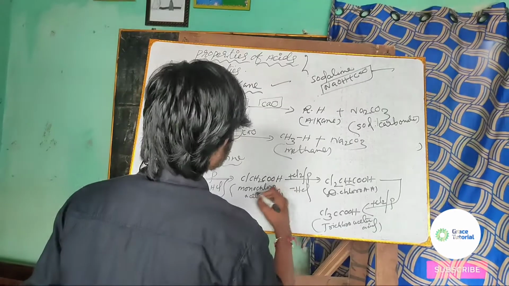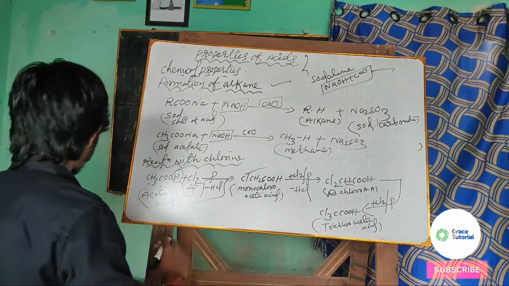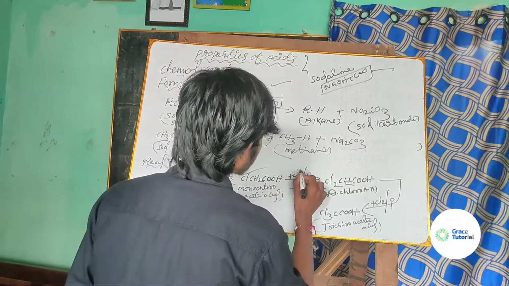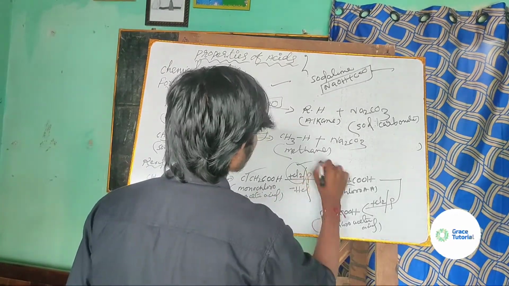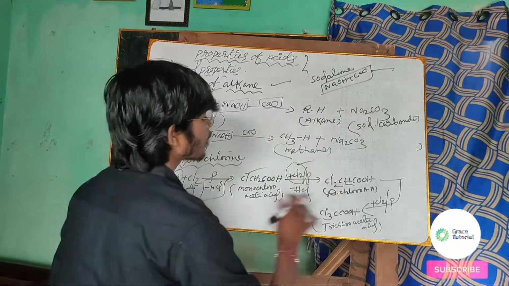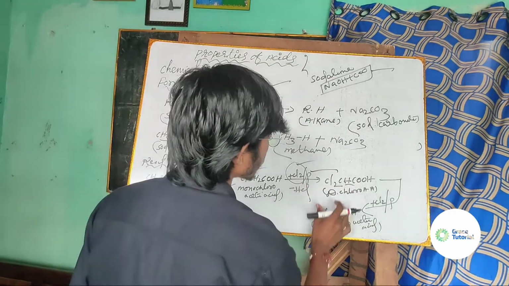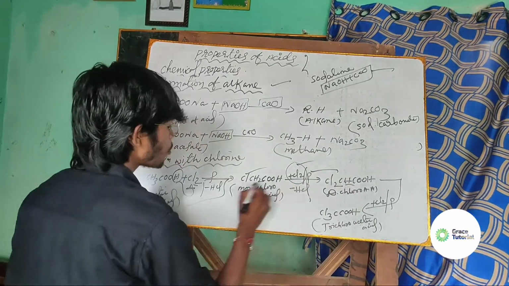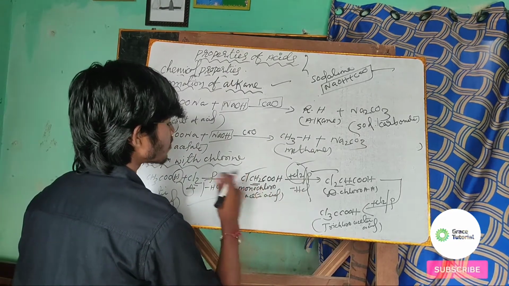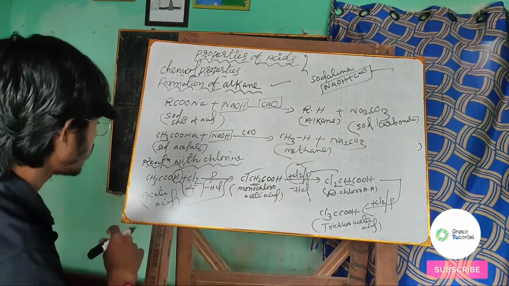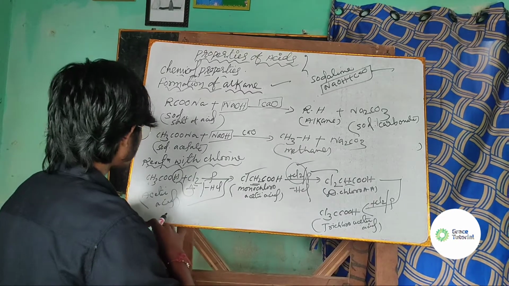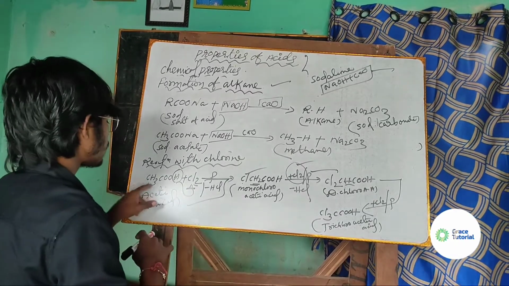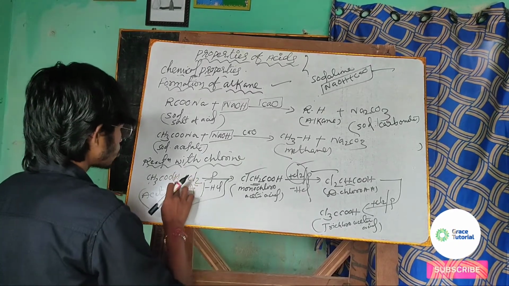So monochloroacetic acid. And if that monochloroacetic acid reacts further with a chlorine molecule, HCl is again removed in the presence of phosphorus, and it gives the dichloro. That means one more chlorine will be attached and one more hydrogen is removed.